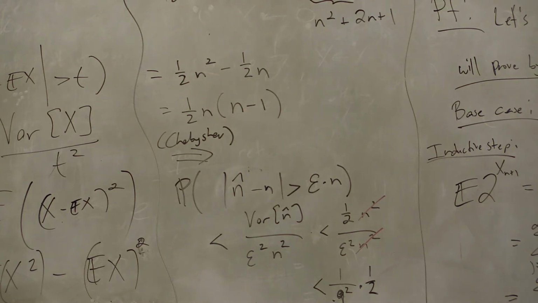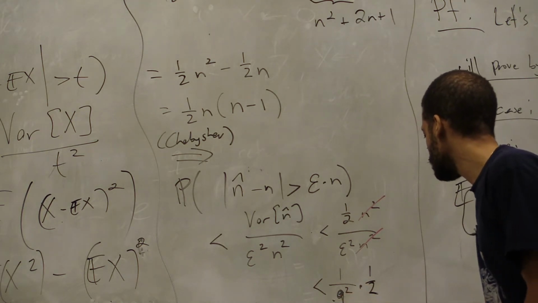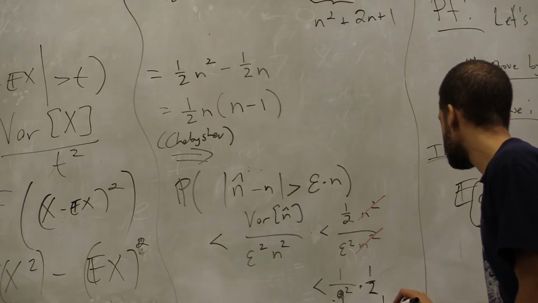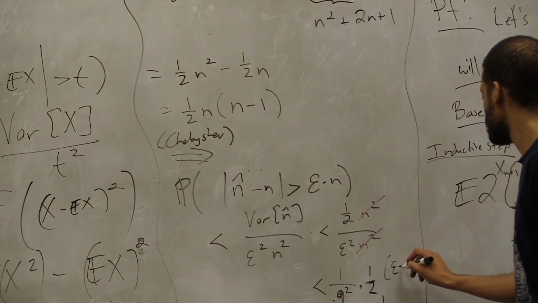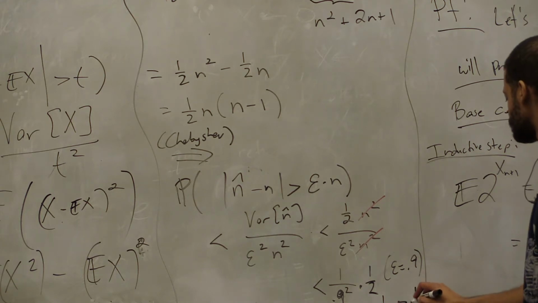If you square it, you get roughly 1.2. So this is roughly 1.2 times 1/2. Here I'm assuming that epsilon is like 0.9, which isn't great. So this is certainly bigger than 1/3.